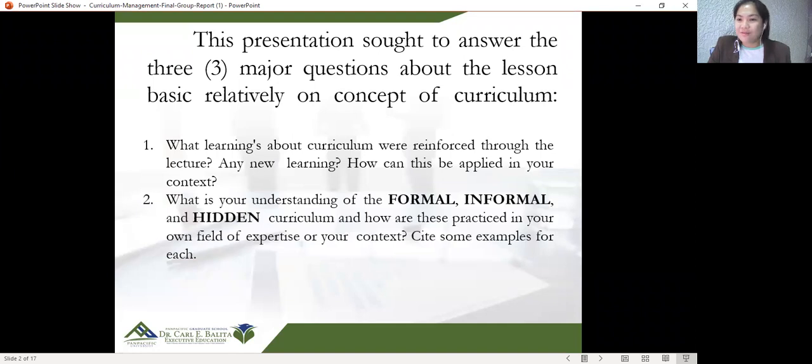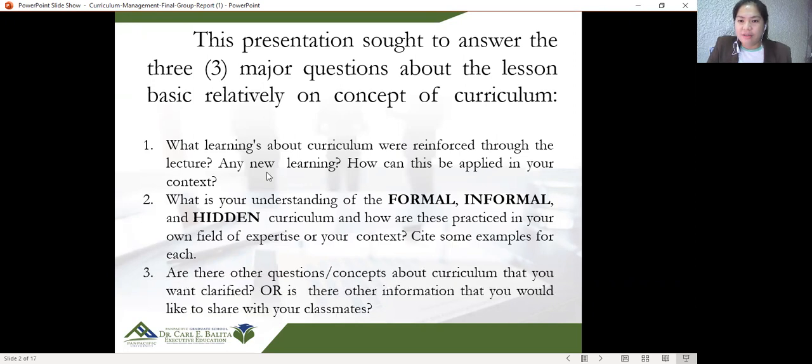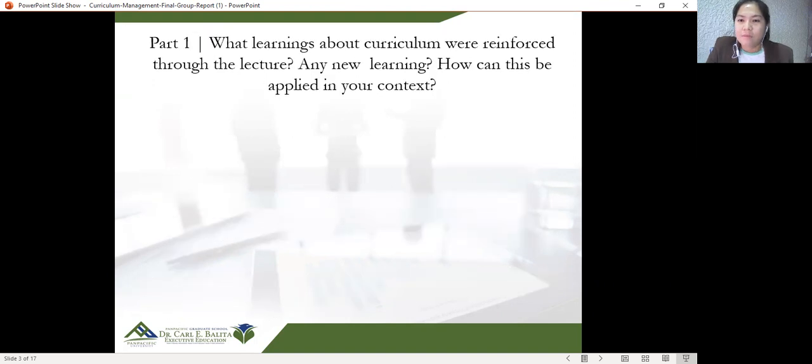Next, we are going to differentiate the formal, informal, and hidden curriculum, and of course, share with you the experience on how we are applying it in our field. Next, we are going to give you the questions or the concepts that we gathered about it that we want to clarify, and also the other learnings in relation with this topic.